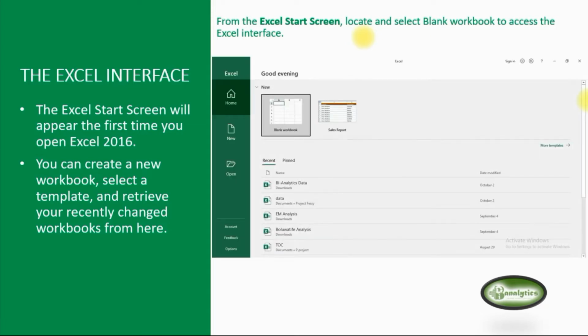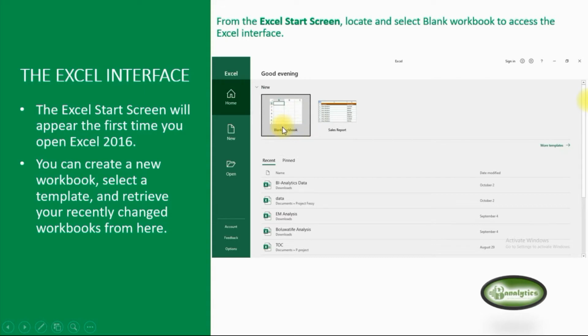This is the Excel start screen, and as you can see on the screen, it is showing details of recent things I've done, and it has some functions on the left hand side, such as home, which is what is displaying, and then functions such as blank workbook if you want to create a blank workbook.